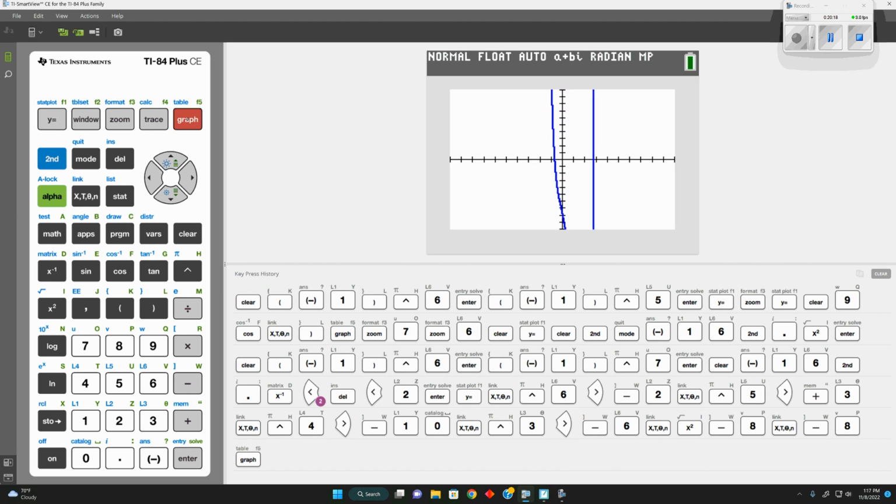Graph. So that's 2, yes? And we have one positive, one negative.